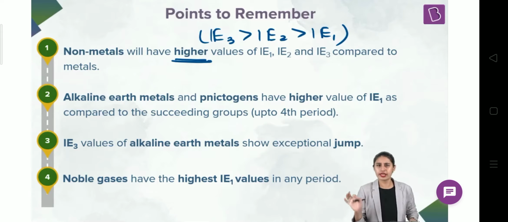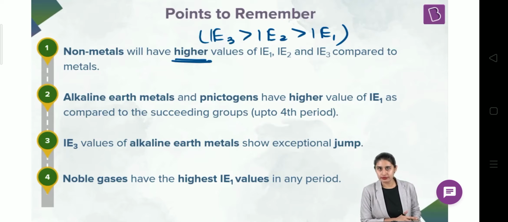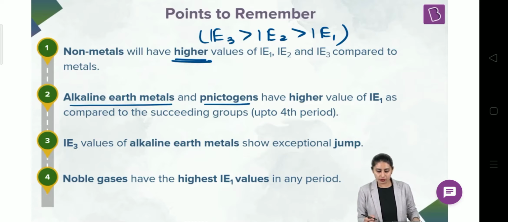This is a common thing that we have drawn a conclusion of. And non-metals will have higher IE1 as compared to the IE1 of metals. Metals would love to give their electron and become positive.